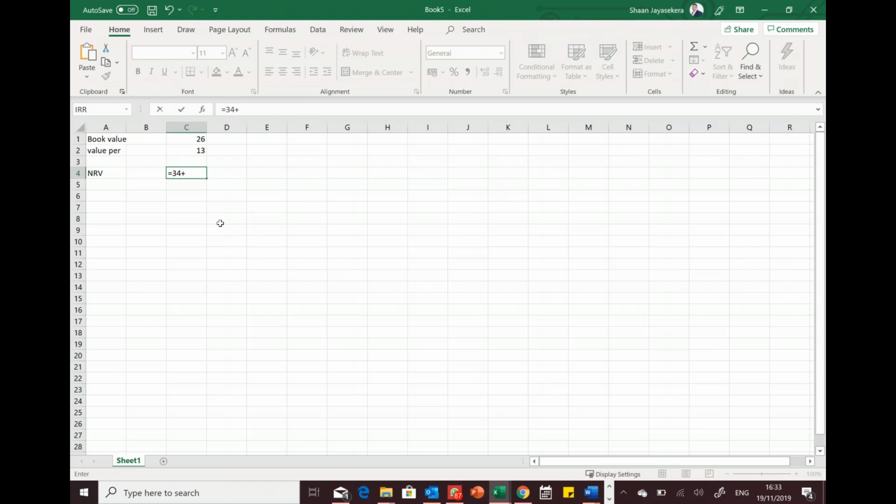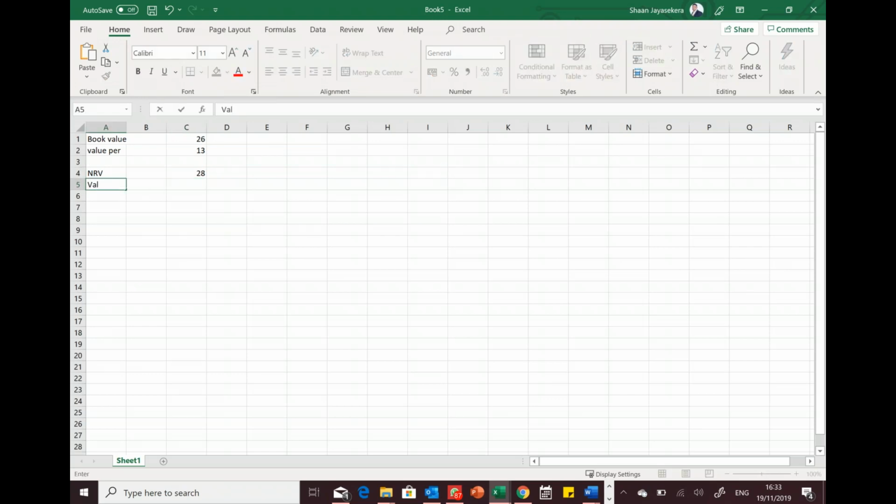So that will be 18 minus 2, which is 16, minus 12, minus 10, that should be 28.